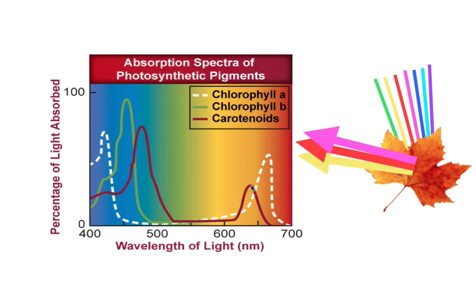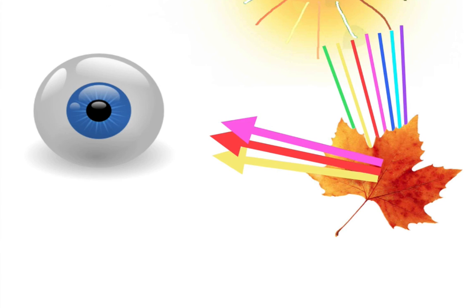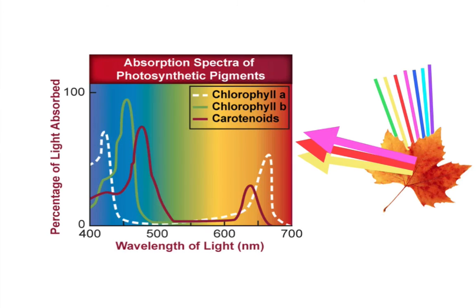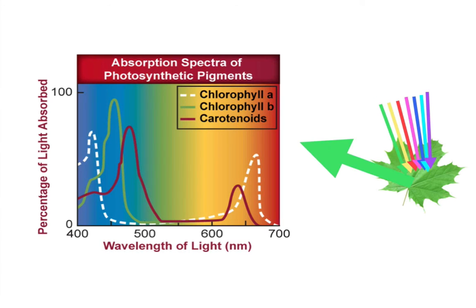I am absorbing some orange, but then as I get to my darker and red oranges, I'm not absorbing any of it, and that's exactly what I can see. That's what the human eye perceives, those nice burnt orange colors. And the same thing goes for our chlorophylls. Our chlorophylls are absorbing all the blues, but not absorbing any of the green.